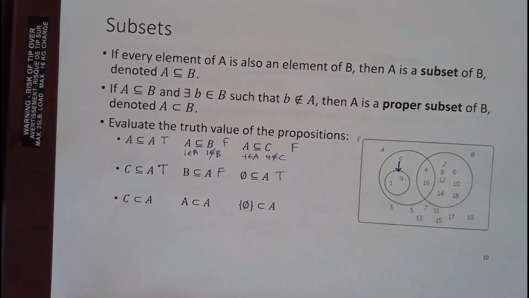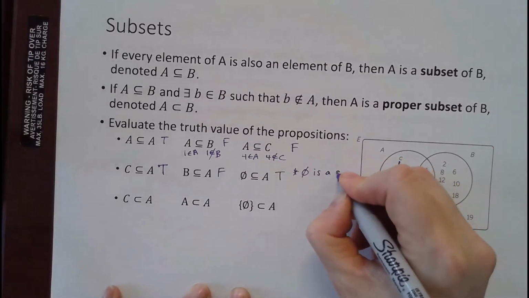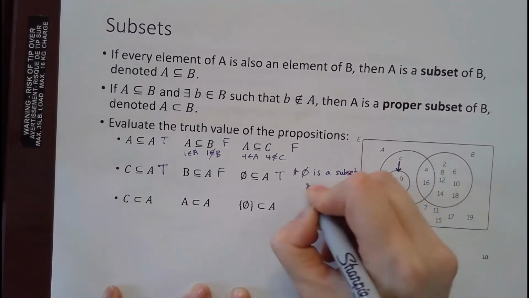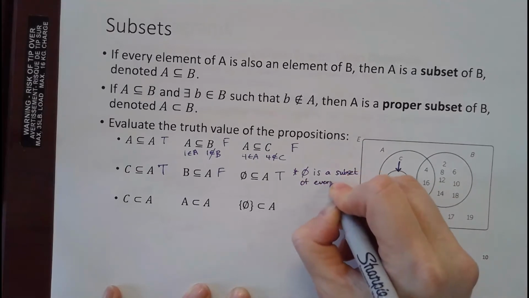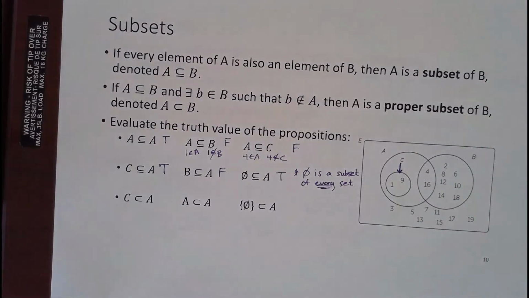One thing to note here is that the empty set is a subset of every set, because every set contains at least nothing. Maybe more, but at least nothing. If we're going to call it a set, it at least has nothing in it. Is C a proper subset of A?